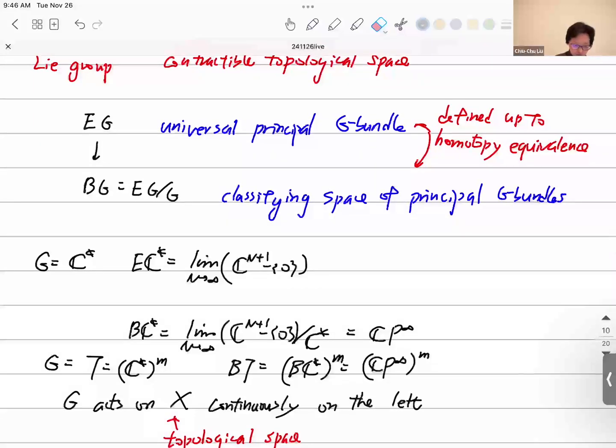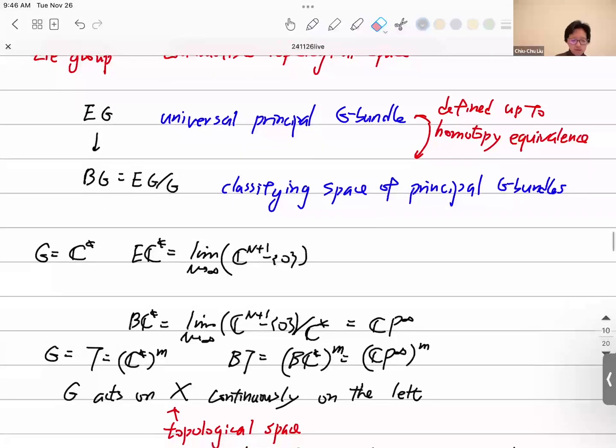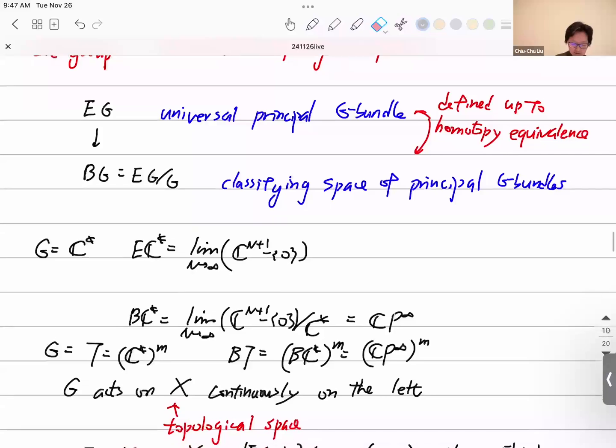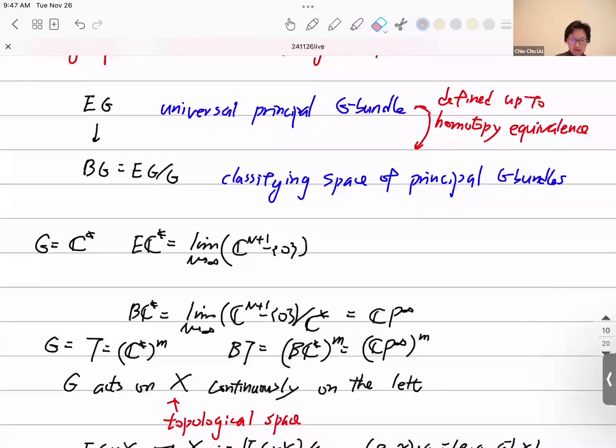More generally, if your G is a torus, like (C star)^M, an algebraic torus of dimension M, then the classifying space of this torus is just the product of the classifying spaces of each component. So it is a product of M copies of CP infinity.